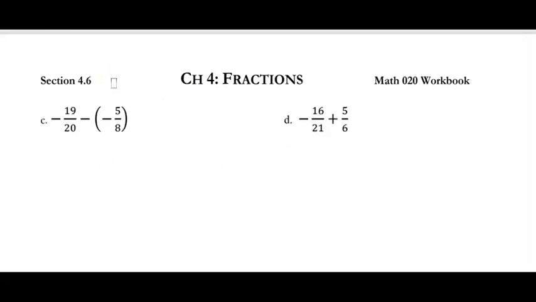All right, we have 2 more problems, which will give us a little bit more practice with common denominators and adding or subtracting. The first thing here on part C, I have -19/20, and I'm subtracting -5/8. Because I have the double negative without a number in between, I can rewrite my problem first as -19/20 plus 5/8.